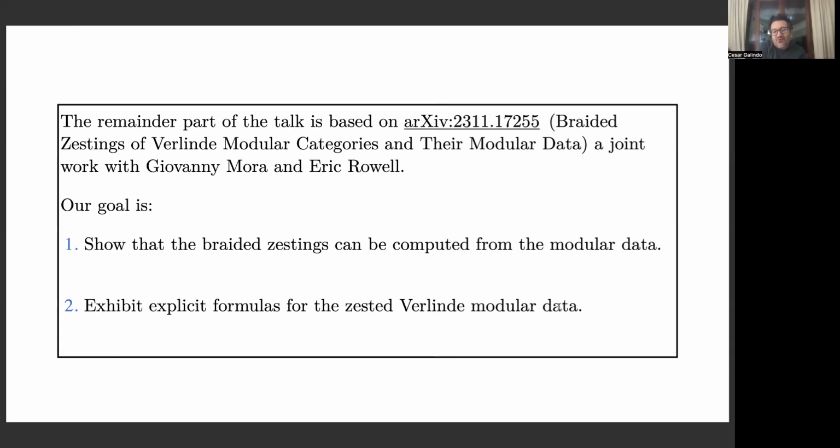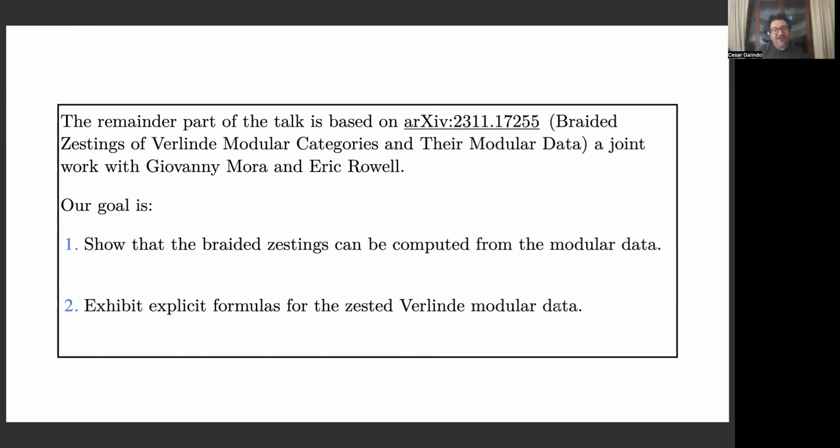So the natural question is, and something that is also quite interesting, that in general we don't have a complete description of the fusion category. In the sense that, if we pick an arbitrary Verlinde category, we don't know exactly what the F matrices are or what the R matrices are.